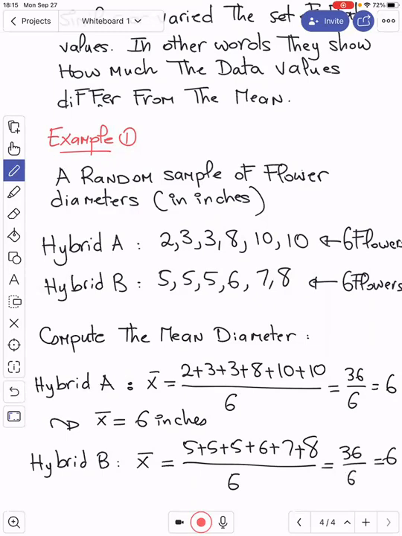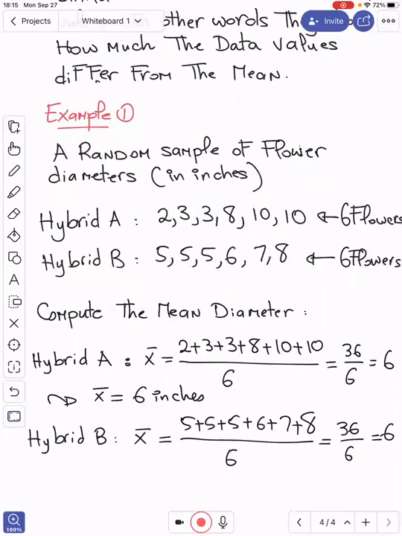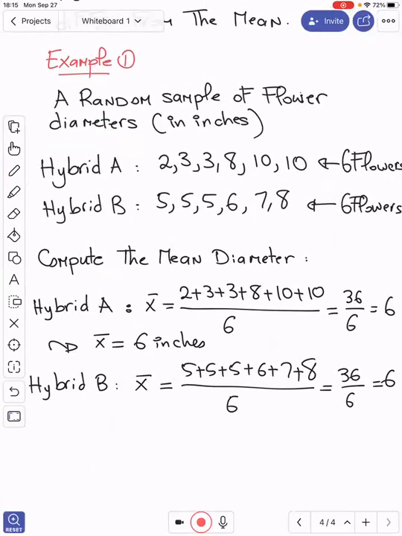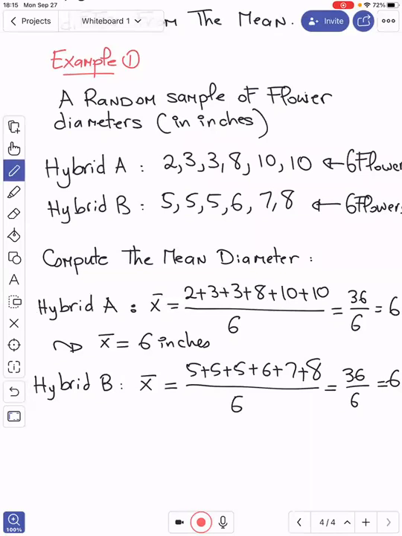So that's equal to 6. The thing here, guys, is that both hybrids have the same mean diameter, X bar, also 6 inches.